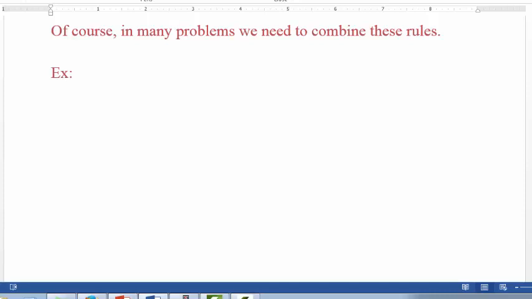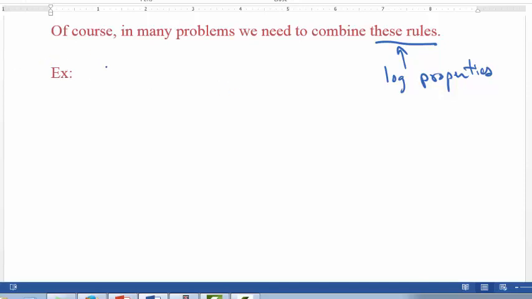All right, so at the top of this page it says, of course, in many problems we need to combine these rules. By these rules, I'm talking about the log properties, which I'll call properties now. So we're combining the product property, the quotient property, and the power property.